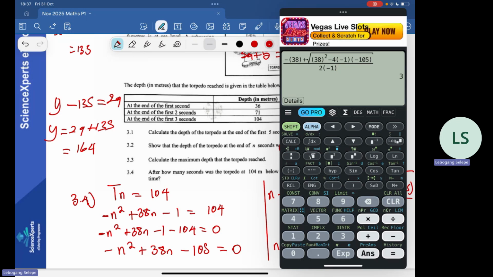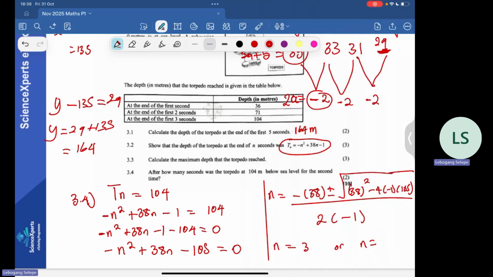This is the first value we were expecting. Let's see the second one, where here is a negative instead. So it gives us 35, right? So after 35 seconds, it would reach 104 again. So I can say, therefore, n is equal to 35. This is the one that they are looking for, right?